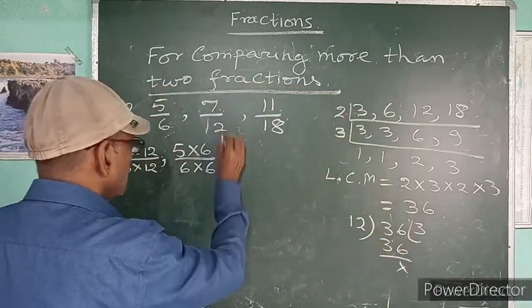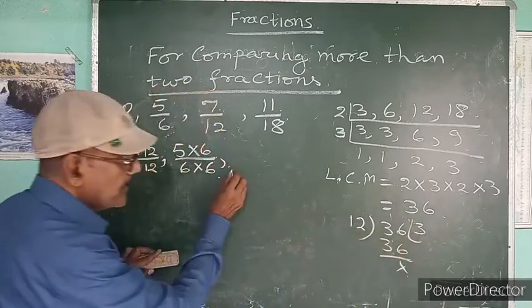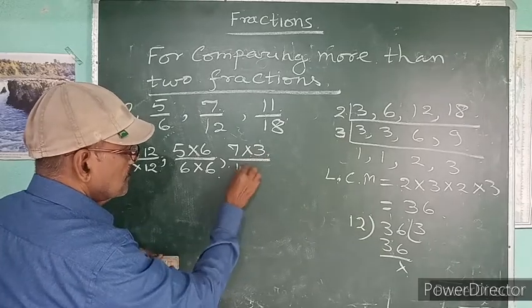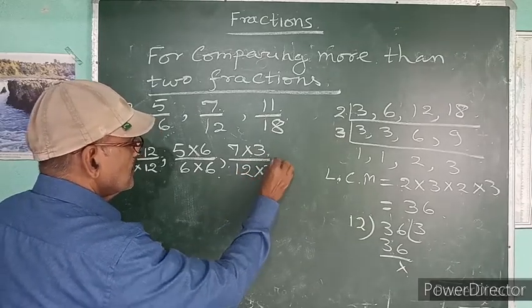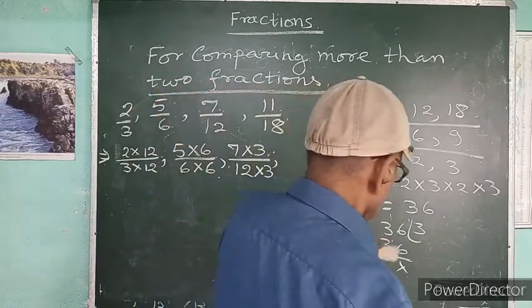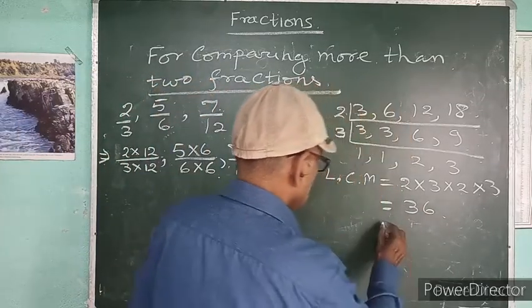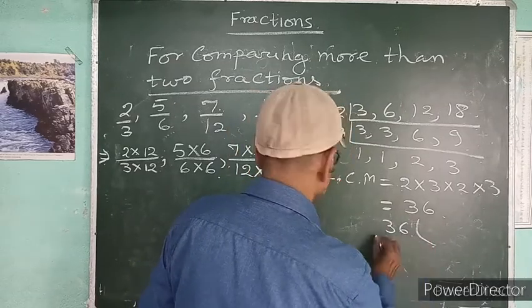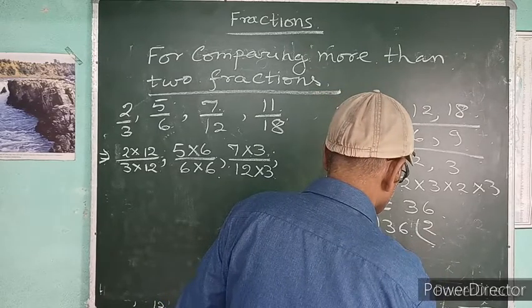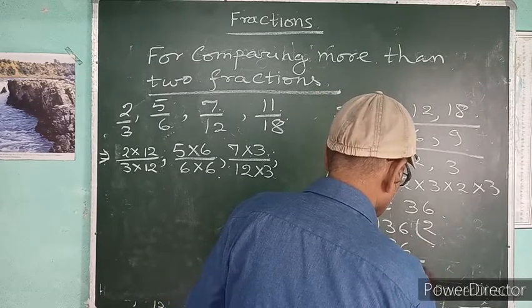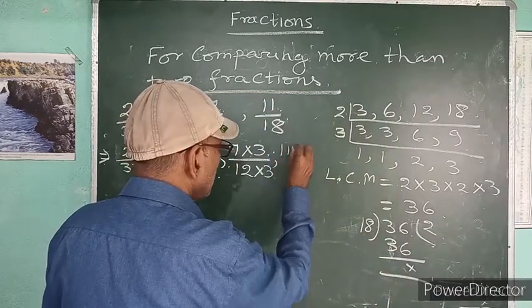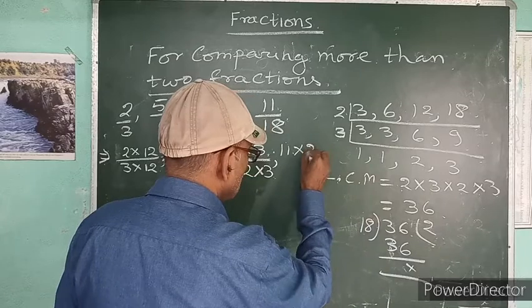So multiply the numerator and denominator by quotient 3. Next is this one. Divide 36 by 18. 18 twos are 36. Now multiply numerator and denominator by these 2.